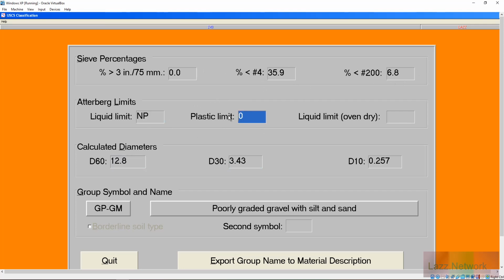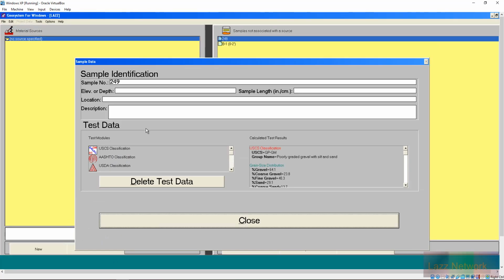Yeah, I don't think it's. Wow, GP-GM. Interesting. It's still considering that being poorly graded. Huh.